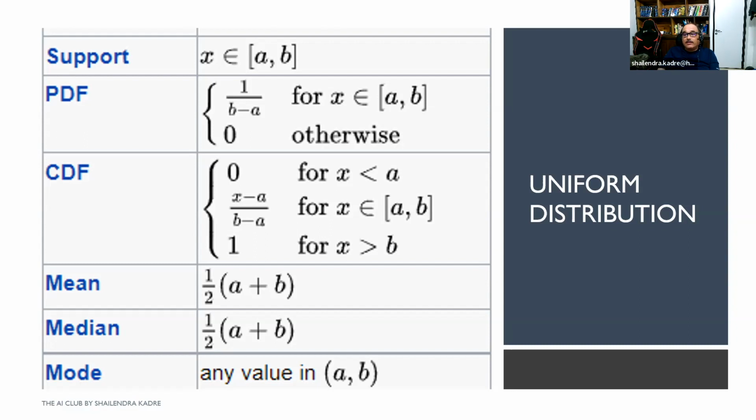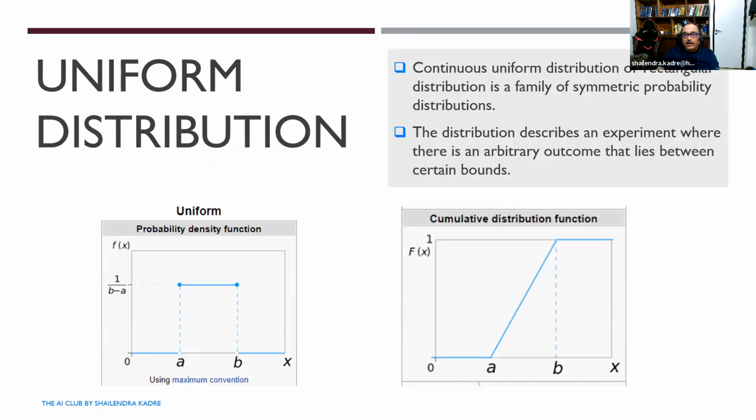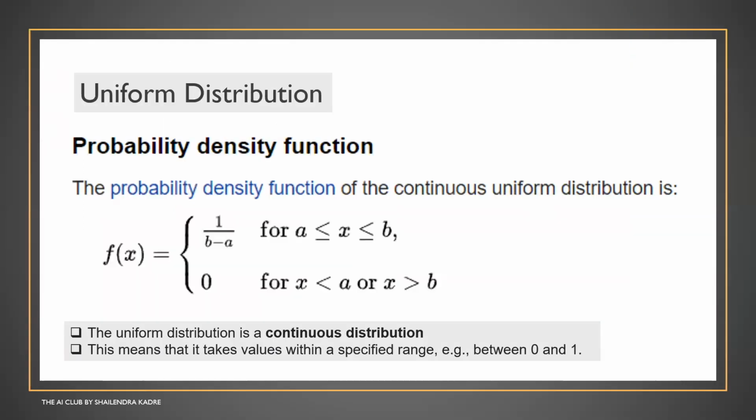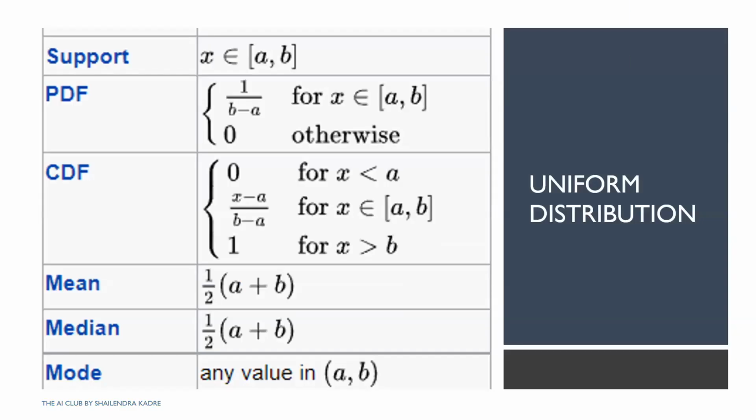At B, the CDF will become 1, because you have covered the complete rectangle, and the area under the complete rectangle will be 1. So CDF for X less than A will be 0, X between A and B it will be X minus A upon B minus A, and for greater than B, CDF will be 1.